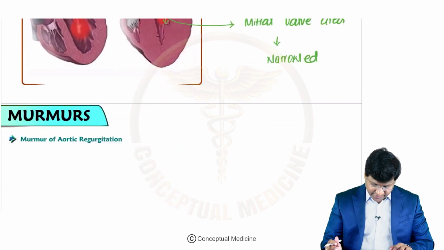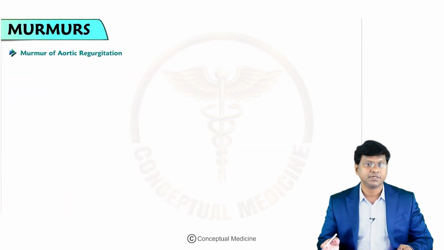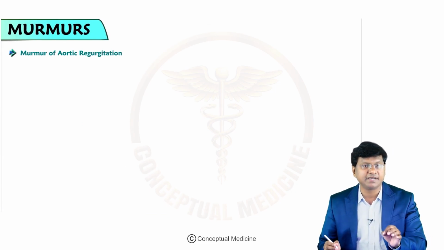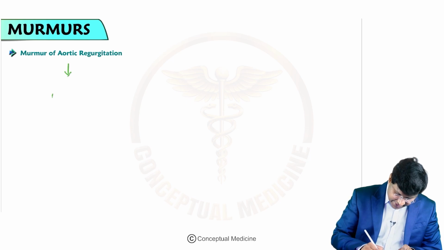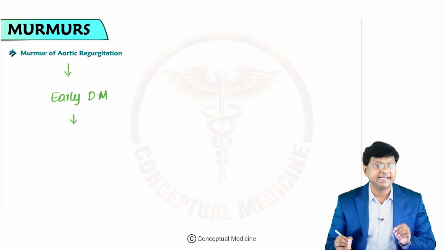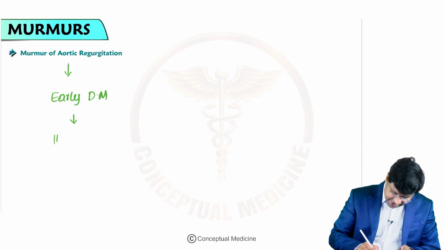So if you take the murmurs in aortic regurgitation, the typical murmur of aortic regurgitation is what? It is an early diastolic murmur, and this early diastolic murmur is a high pitched blowing decrescendo diastolic murmur.